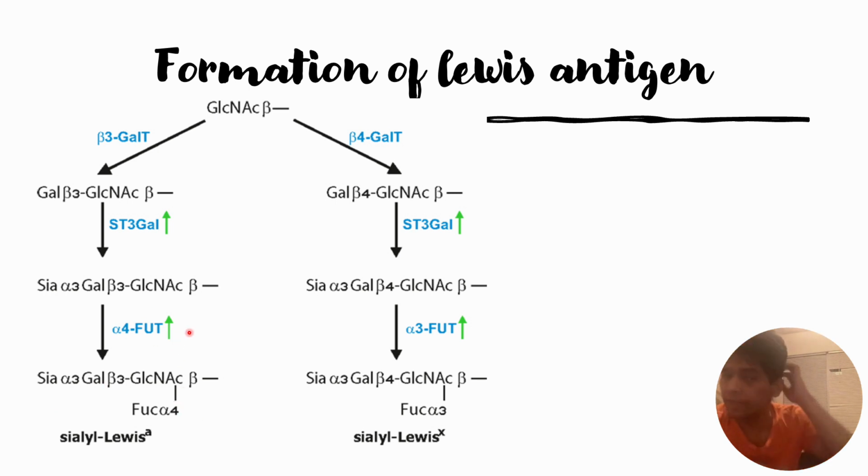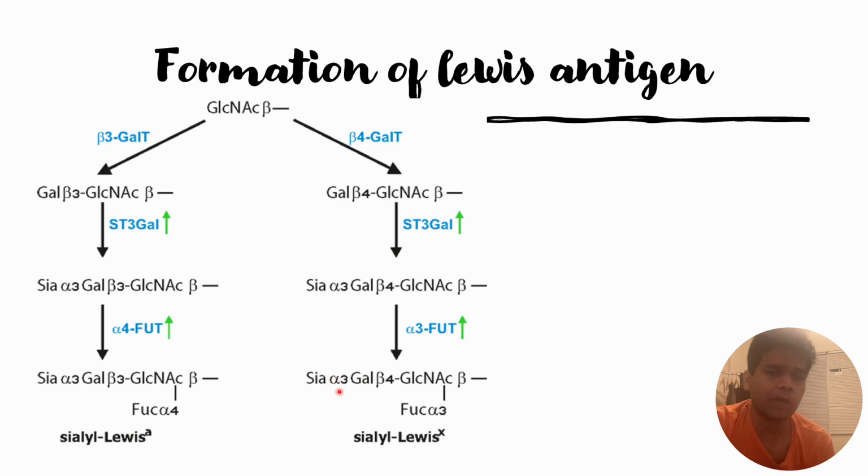This FUT enzyme is usually the FUT3 enzyme, whereas in the case of Lewis X structure formation, the enzymes commonly used are FUT3 and FUT7, which results in the formation of sialyl Lewis X structure, that is sialic acid alpha 2-3 Gal beta 4 GlcNAc beta, bonded to fucose alpha 3 monosaccharide.